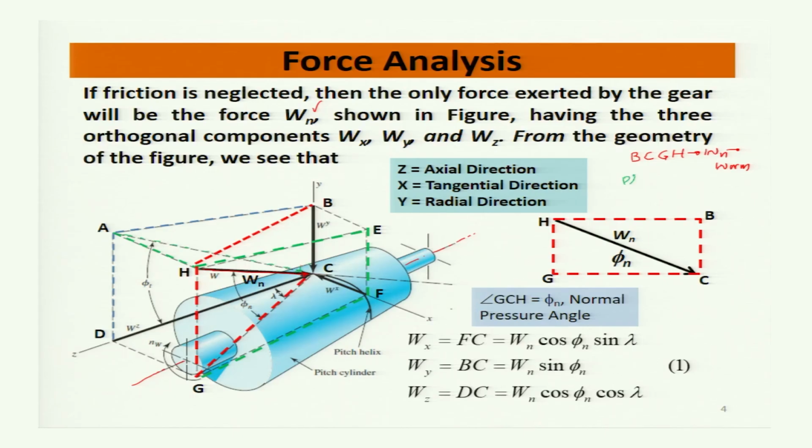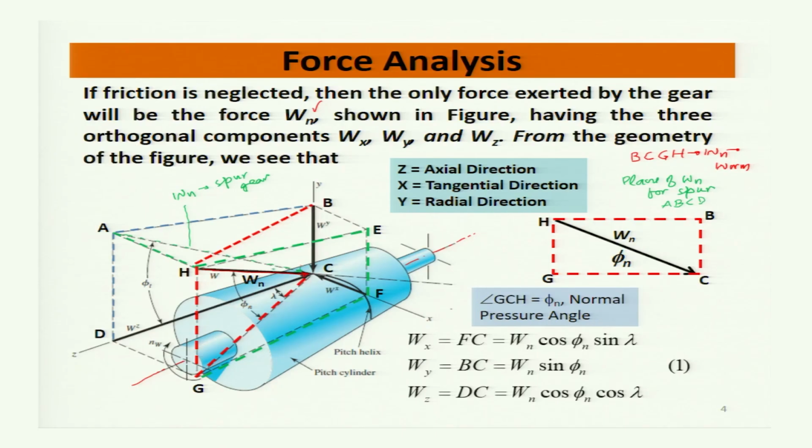Plane of Wn for spur gear is ABCD, and this would be the direction of Wn for the case of spur gear.